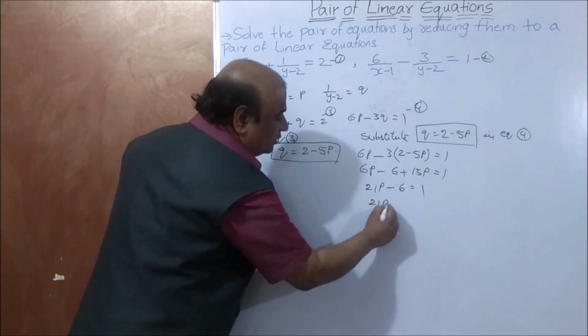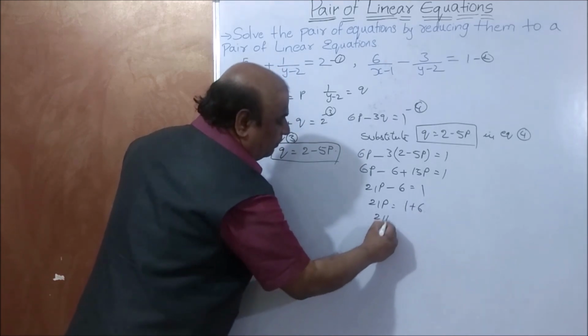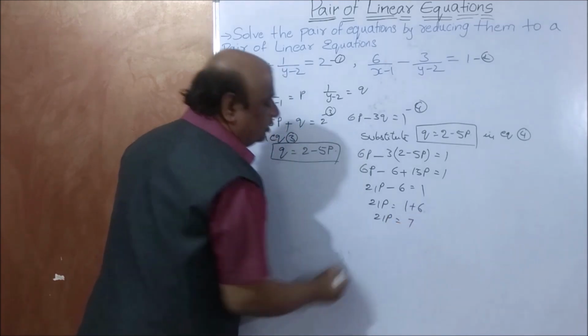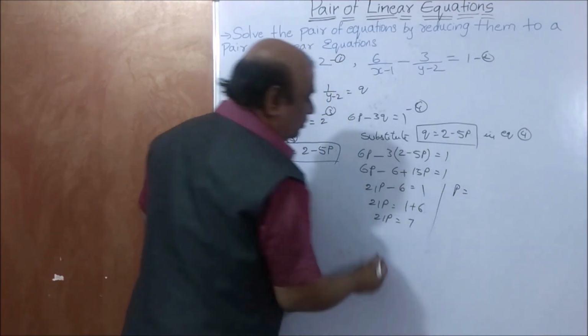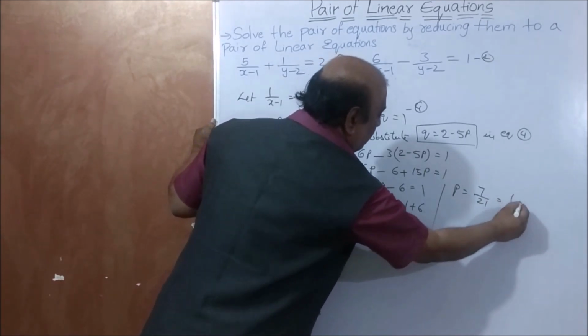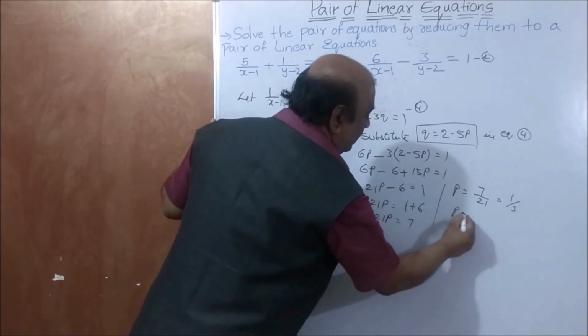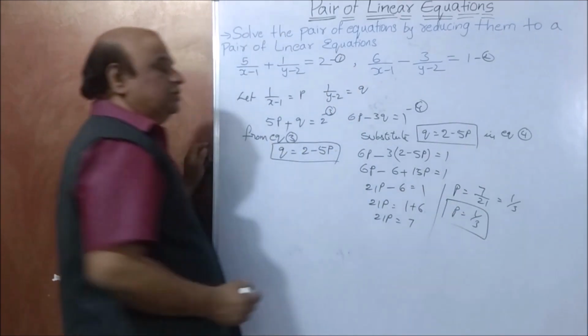So 21p is equal to 1 plus 6. So 21p is equal to 7. Then what about p? P is equal to 7 by 21, that is 1 by 3. So we got p is equal to 1 by 3 from this equation.